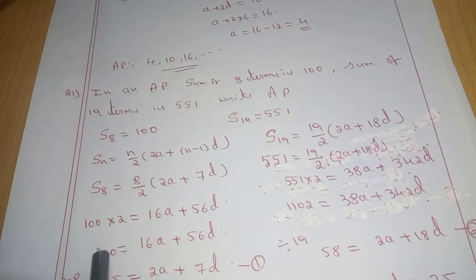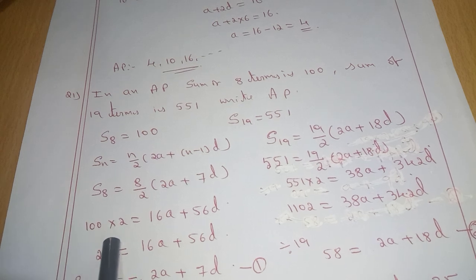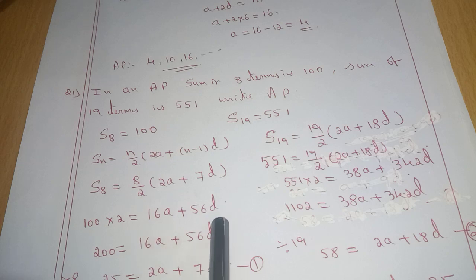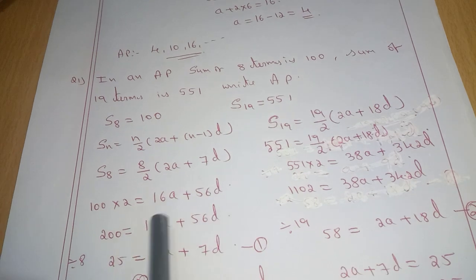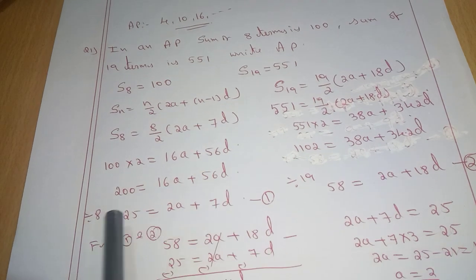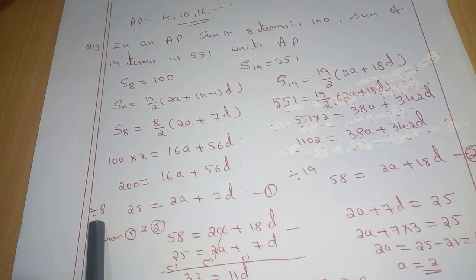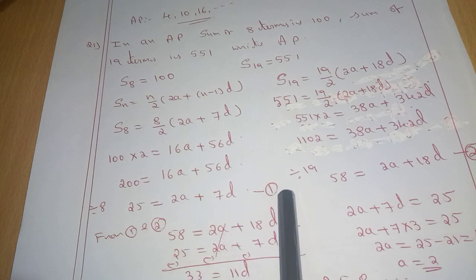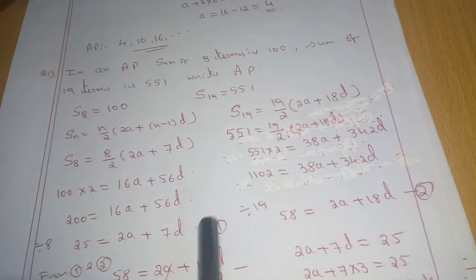Now let us substitute 100 in place of S8 and then take 2 to the left hand side. 100 into 2 is equal to multiplication inside the bracket, 16a plus 56d. 200 is equal to 16a plus 56d. Throughout the equation, let us divide by 8. 25 is equal to 2a plus 7d is our first equation.